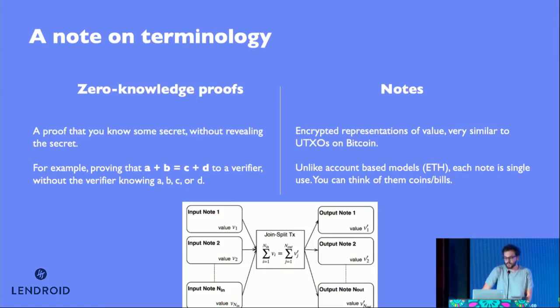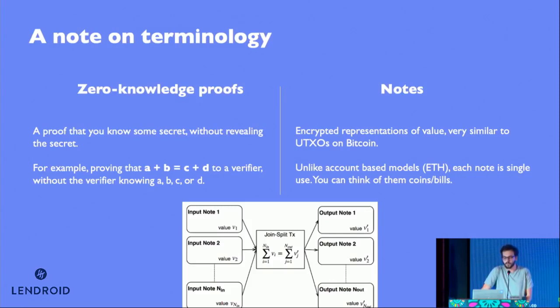A quick note on terminology. I realize at this point in the presentation that it may have been beneficial to introduce this at the start. So sorry about that. Zero knowledge proofs are proofs basically that you know some kind of secret or the solution to a statement without revealing the secret.